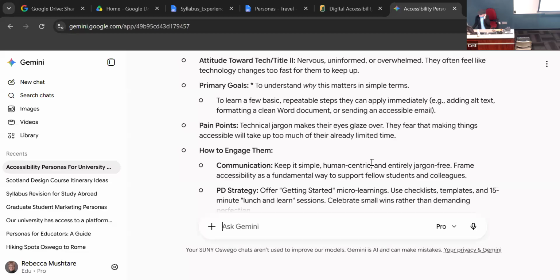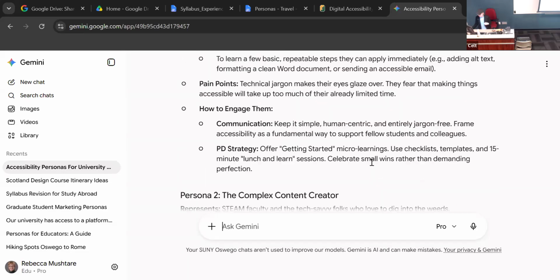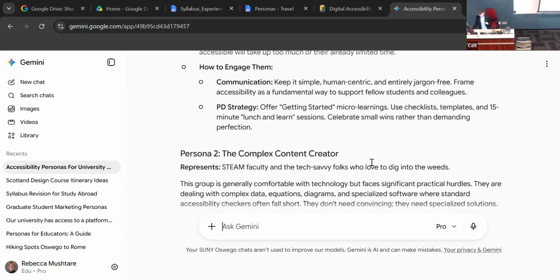Pain points, technical jargon makes their eyes glaze over, right? And then there are some tips about how to engage them included here. So communication: keep it simple, human-centric, jargon-free. Professional development strategy: getting started micro-learnings, checklists, templates, lunch and learn sessions, etc.